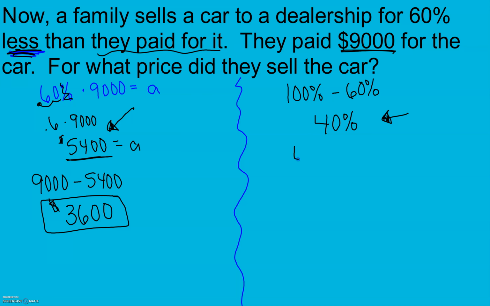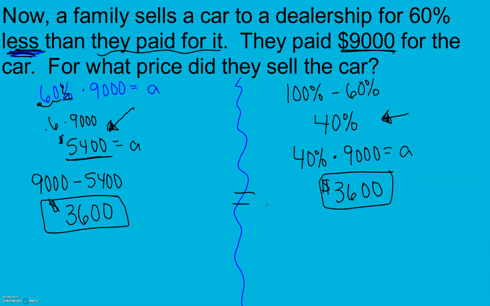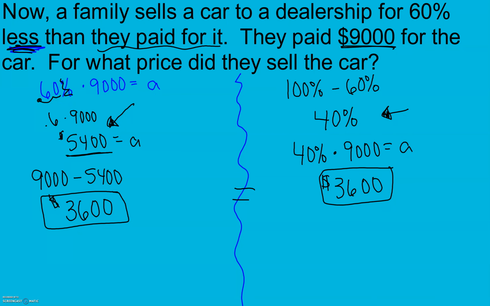So we can say 40% of our total is the part that we're looking for. And here it takes me right to $3,600. So again, it does not matter which way you use because these are both equivalent. And I'll stop here and finish this section in a second video.